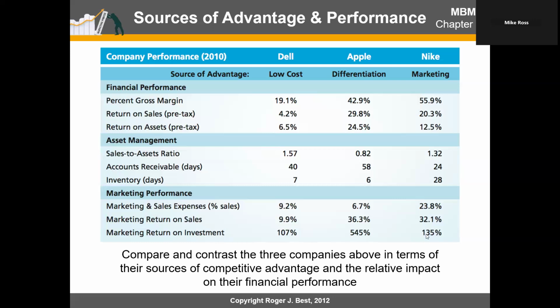And then Nike, of course, different category, but if we say Dell versus Nike, there's almost 2.5x the marketing and sales expense as a percentage of sales.